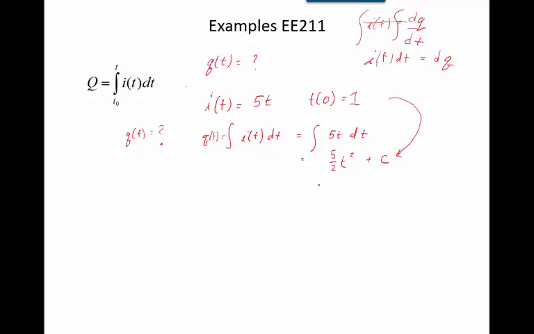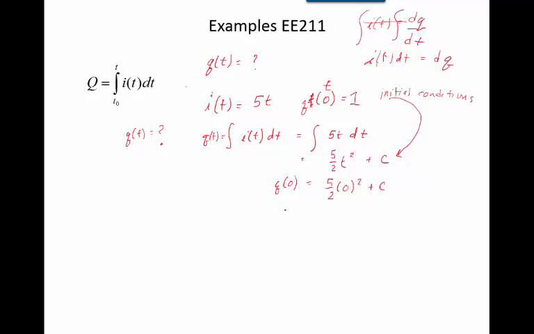So q at time 0 is 1, is my initial conditions. So q at time 0 equals 5 over 2, 0 squared plus some constant of integration.